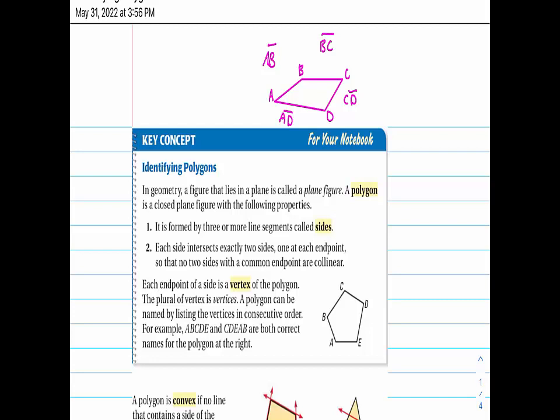Now, we say it's a polygon. First of all, we start off with at least 3 segments, and each of these segments is called a side. And here's the thing. Each side intersects exactly 2 sides, one at each endpoint. So notice, this segment right here intersects this side and this side at an endpoint, okay?